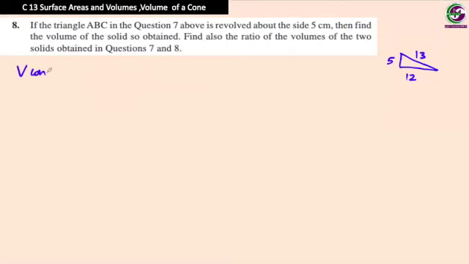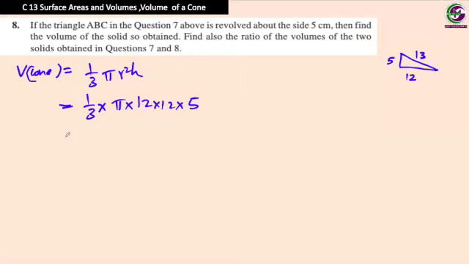Then we have to find the volume of the cone, 1 by 3 pi r square h, which is 1 by 3 times pi times radius 12 squared and the height 5, which will be 240 pi centimeter cube.